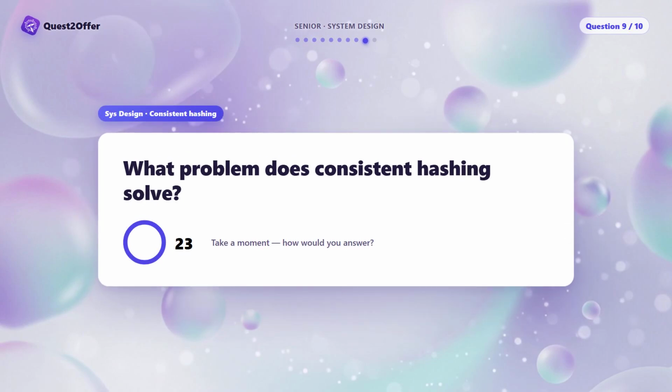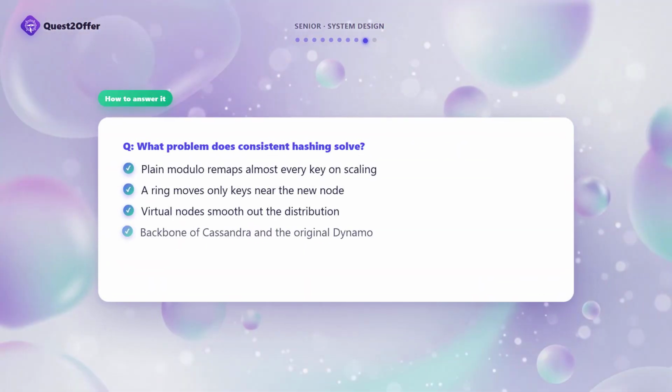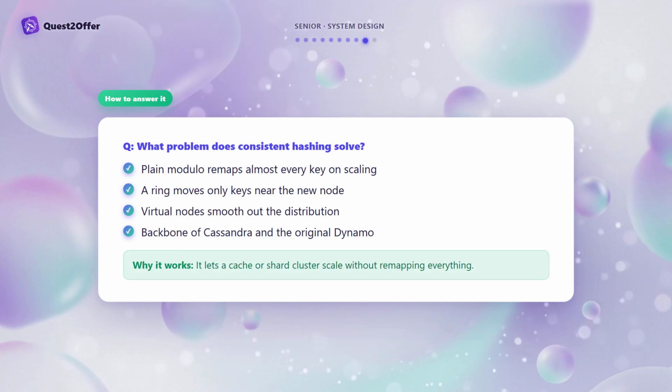What problem does consistent hashing solve? With plain modulo hashing, adding or removing a server remaps almost every key.